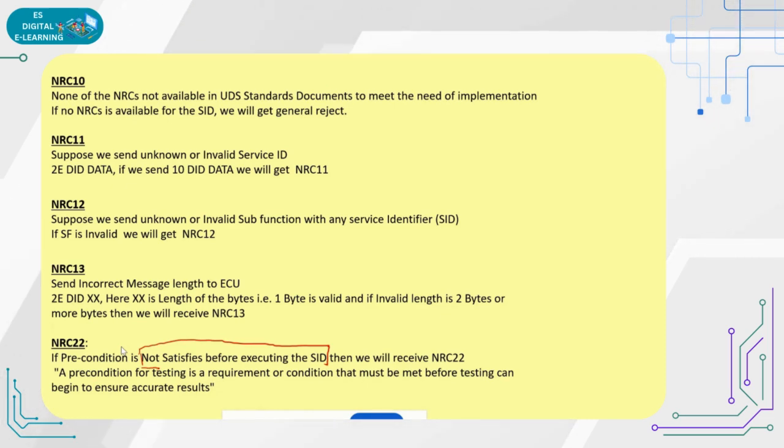So when the vehicle is running, if you try to read the data, you will get NRC 22, saying that you are not doing it correctly. You have not satisfied the precondition. Make sure the precondition is met. That's how this NRC is received. Just take an example.